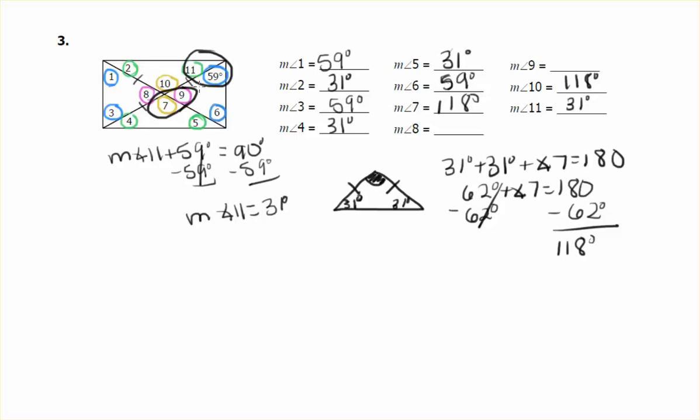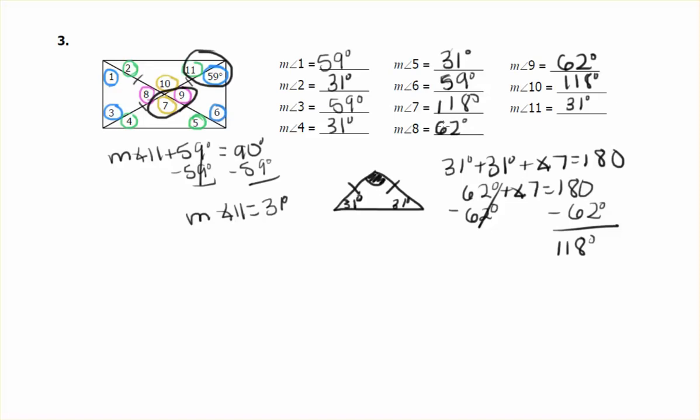And if you remember the story, supplementary are bigger angles because guys are bigger, so they go up and say, "Sup, what's up, dude?" And girls are smaller, so they go up and complement each other. So complementary is 90 degrees and supplementary is 180. Angle 7 plus angle 9 should equal 180. So if we subtract the measurement of angle 7 from 180, we get the measurement of angle 9. So angle 9 is 62 degrees.